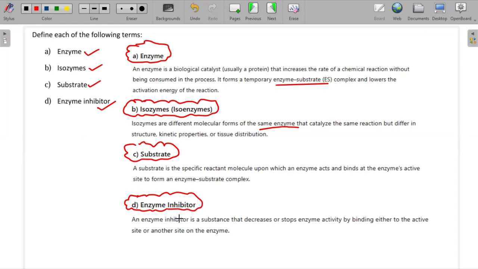So an enzyme inhibitor is a substance that decreases or stops the enzyme activity by binding either to the active site or to another site on the enzyme that will make the active site lose its shape. As a result, a substrate cannot bind on that active site because the shape has changed. So the activity of that enzyme is going to slow down or stop completely. That's what we mean by the enzyme inhibitor.